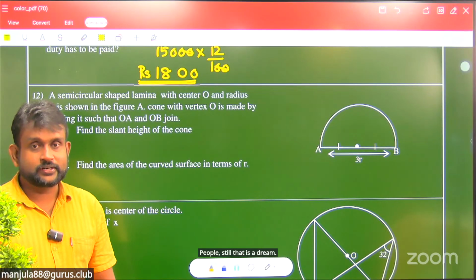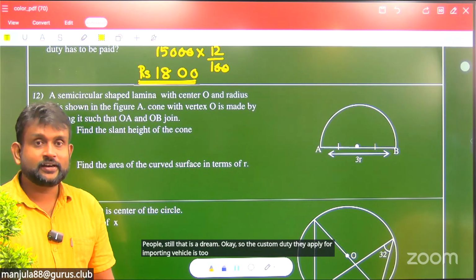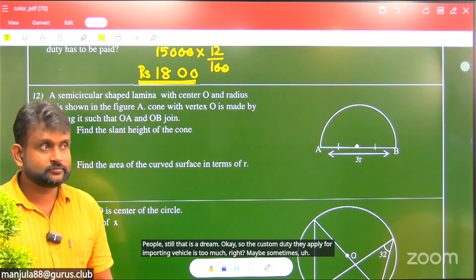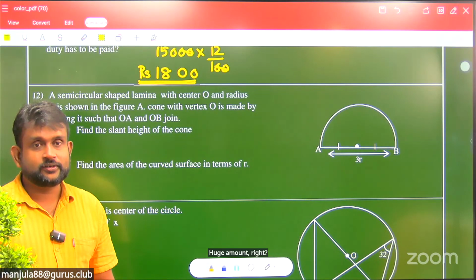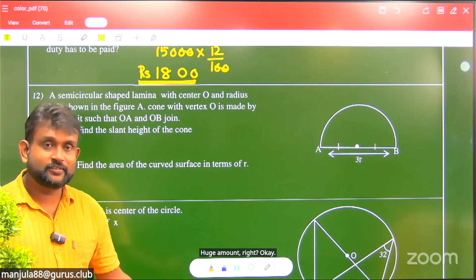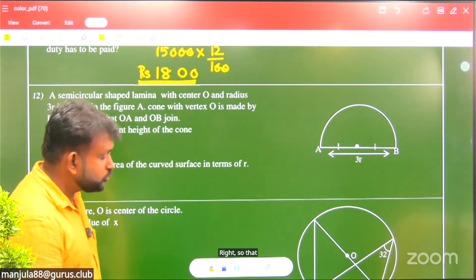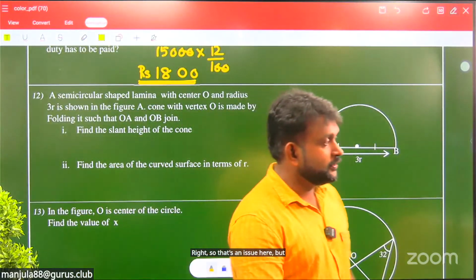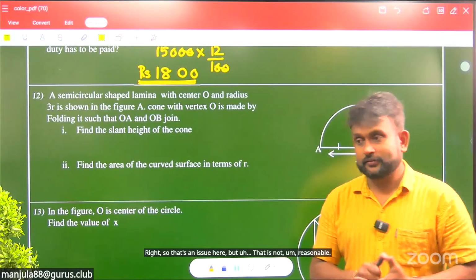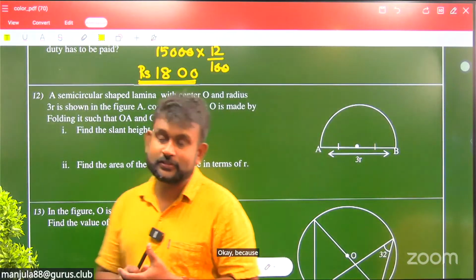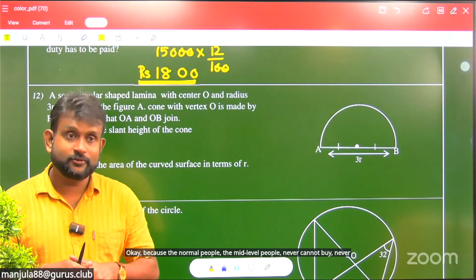The custom duty they apply for importing a vehicle is too much, sometimes two times the vehicle value. That is an issue, and it is not reasonable, because the mid-level people never buy a brand new vehicle.